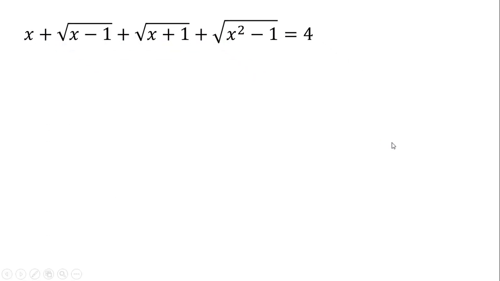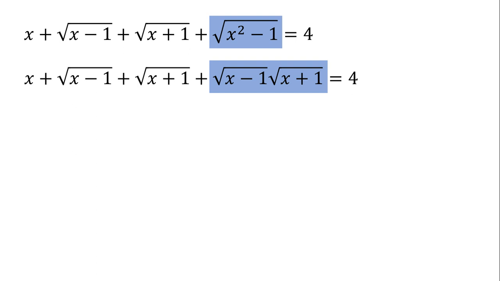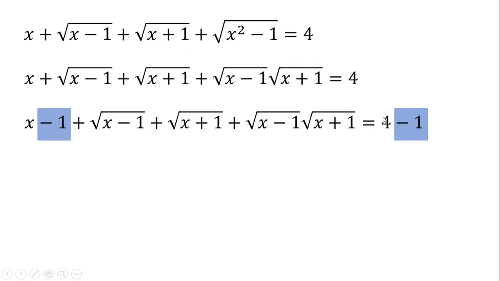So now this is the original equation, and what I'm going to do first is write the term square root of x squared minus 1 as the product of the square root of x minus 1 and the square root of x plus 1. Now I'll subtract 1 from both sides of the equation to get x minus 1 on the left-hand side.